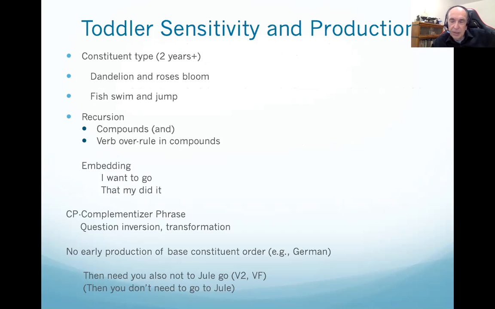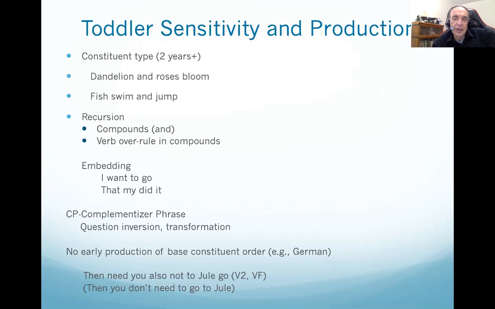In English, it's subject, verb, complement. That's the basic order. In other languages, particularly in complex sentences, order is more complicated. Well, you would think in the more complicated languages, before kids learn the syntactic order, the order of subject, verb, complement in a complex sentence, that they would produce the fundamental, universal order, subject, verb, complement.